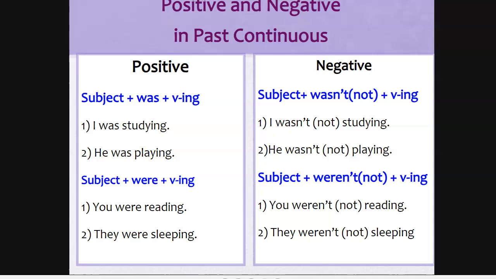Subject plus were not plus verb-ing: we were not reading, they were not sleeping, you were not reading. I wasn't reading, he, she, it wasn't. You, we, they were not reading. All of them are negative.